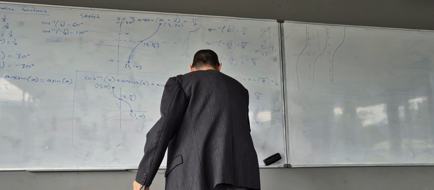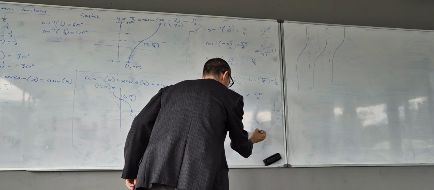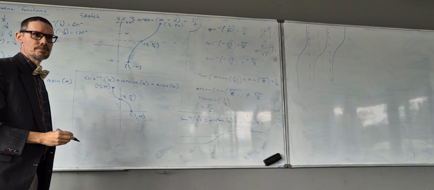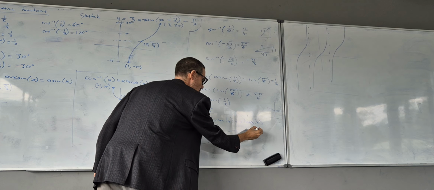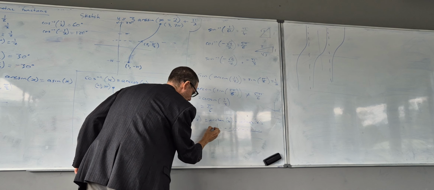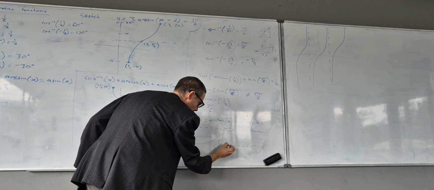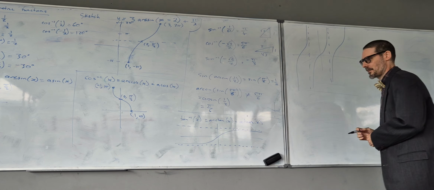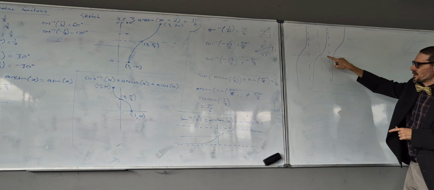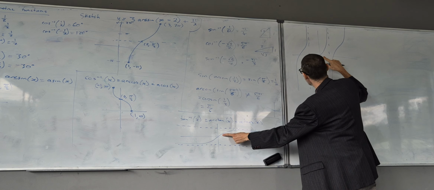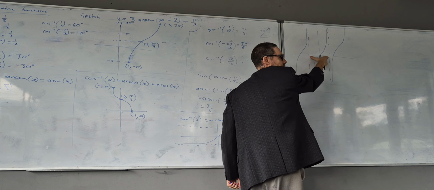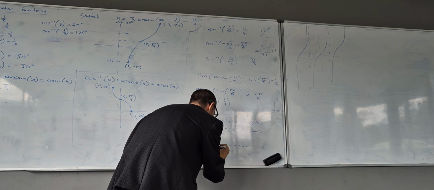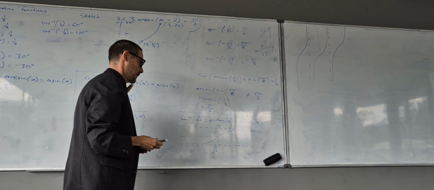So arctan does this, with two horizontal asymptotes. It goes through the origin. What are these asymptotes up here? Pi on 2, negative pi on 2. So this one is pi on 2, and this one is negative pi on 2.